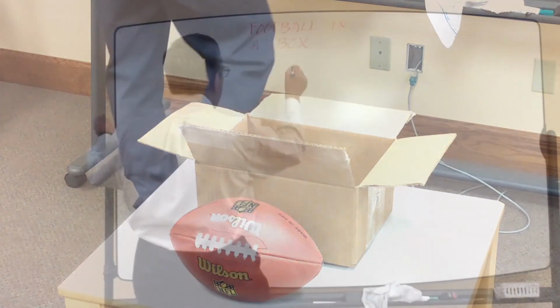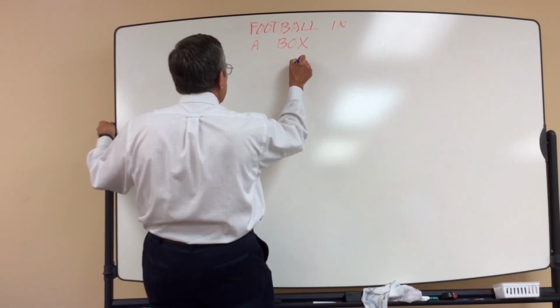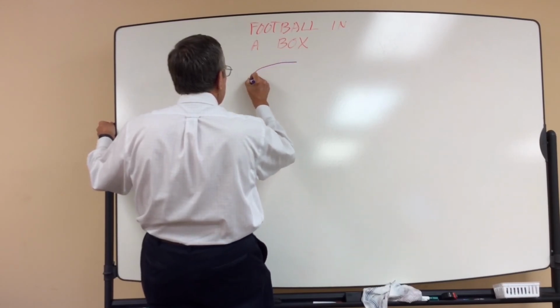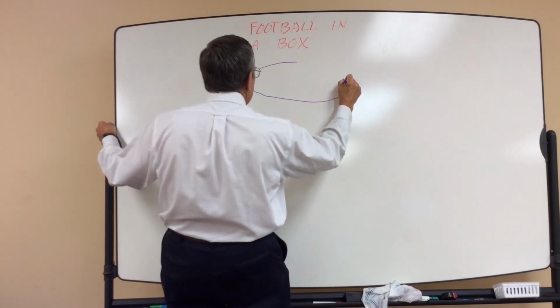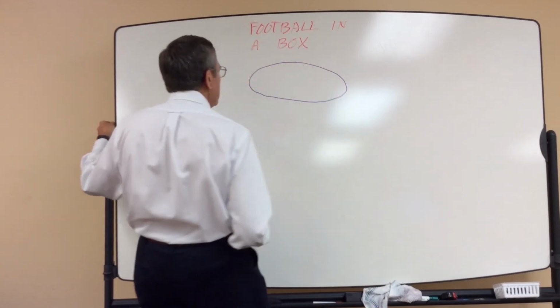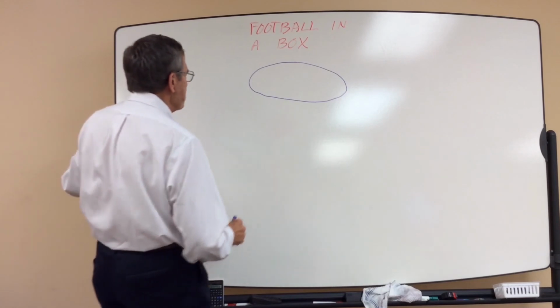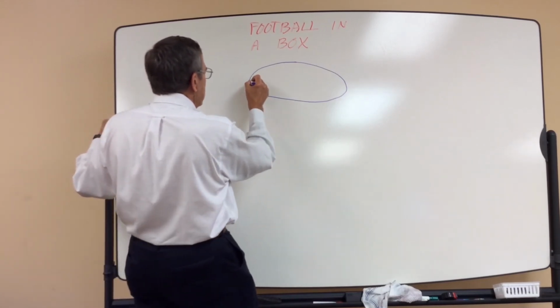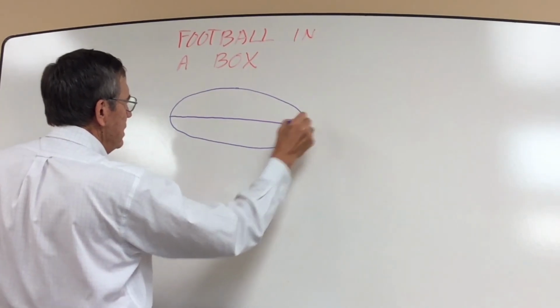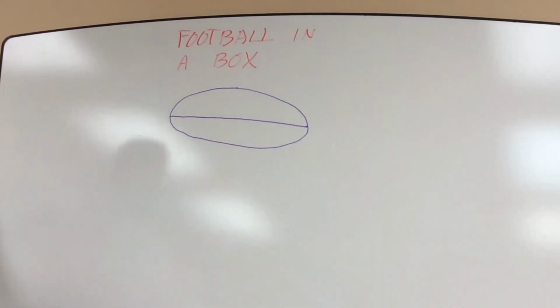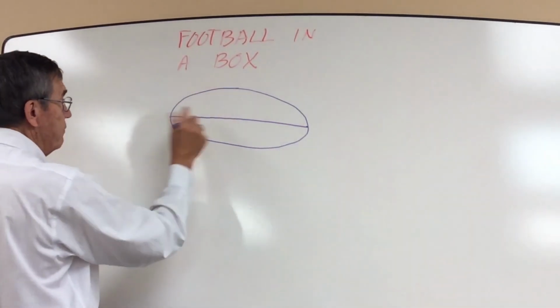So if we draw an ellipsoid, shape similar to that, the ellipsoid has 2 axes. Actually, it has 3 axes. The ellipse has 2 axes, a planar figure.